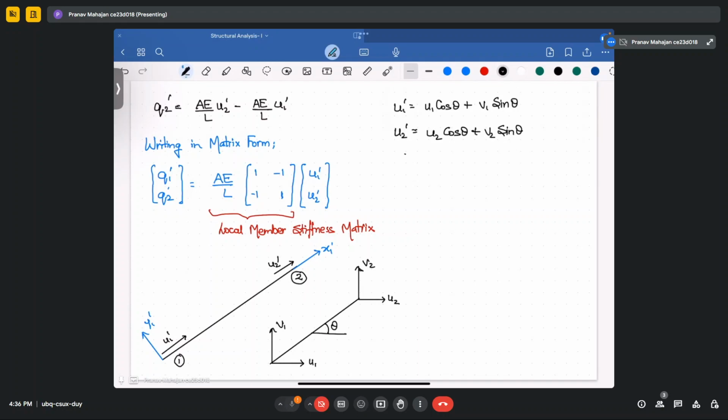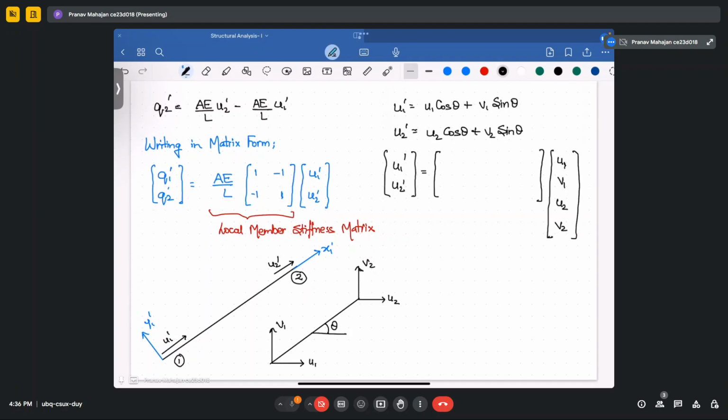So in matrix form, how can you write this? This is your local deformations, and one matrix will be there in between. That would be your transformation matrix. In the global vector, it is u1, v1, u2, v2.